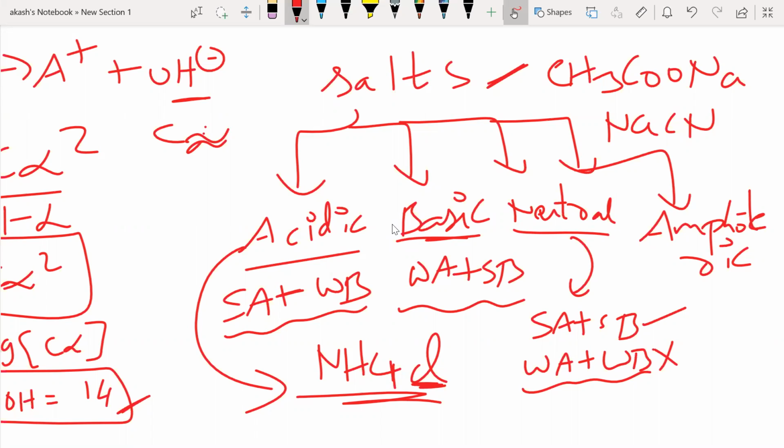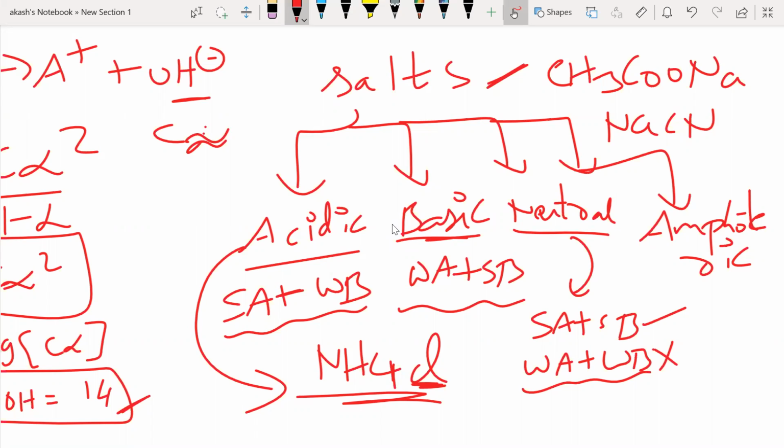Basic, yes. Na+ would have come from NaOH, and CN- would have come from HCN. HCN is a very weak acid. So NaOH and HCN would have formed NaCN, so it would have been a basic salt again.